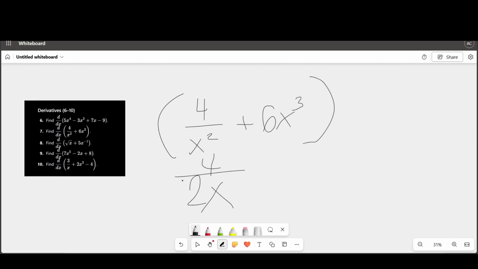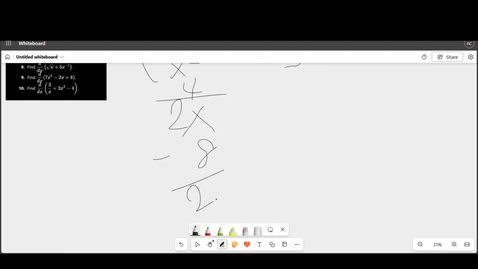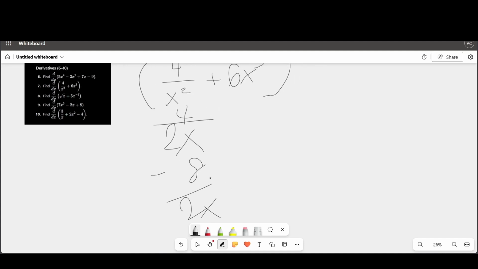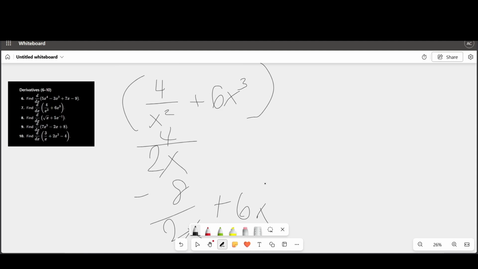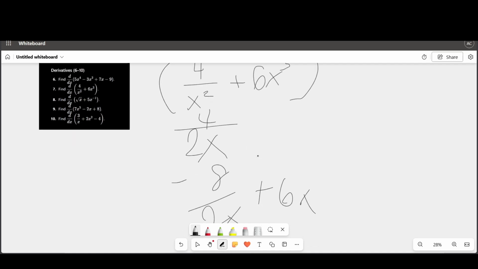You have to multiply by 2, so it's -8 plus 2x plus 6x. Hold on. No, no, no. It's 18x squared. Yeah. Okay, so that's the final answer.